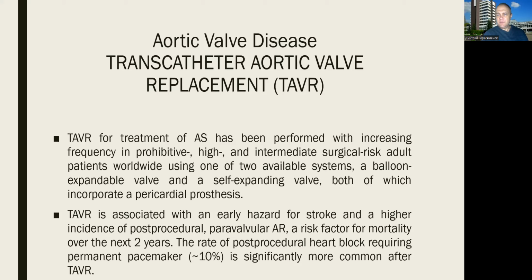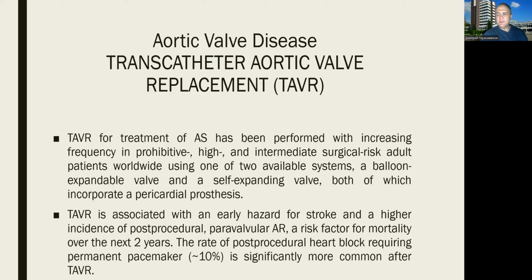TAVR for treatment of aortic stenosis has been performed with increasing frequency in prohibitive, high and intermediate surgical risk adult patients worldwide using one of two available systems, a balloon expandable valve and a self-expanding valve, both of which incorporate a pericardial prosthesis.